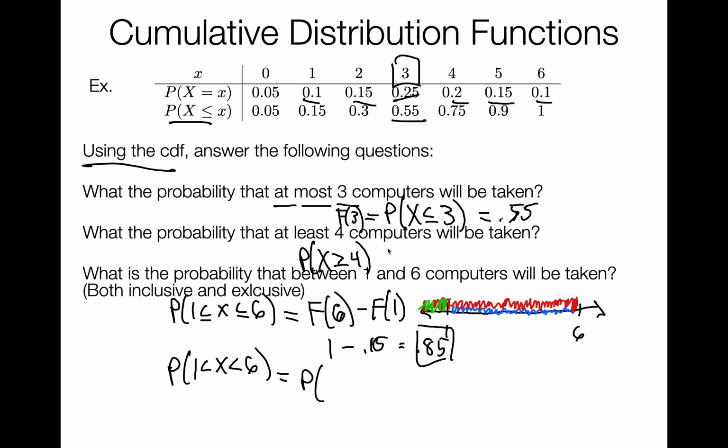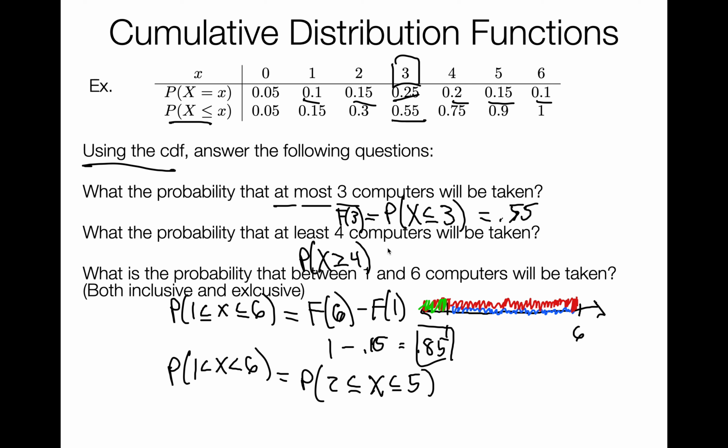Because we're looking at integers, the next closest thing to 1 is a 2, and the next closest thing to 6 is a 5. So it's the same thing to say between 1 and 6 exclusive, and 2 and 5 inclusive.